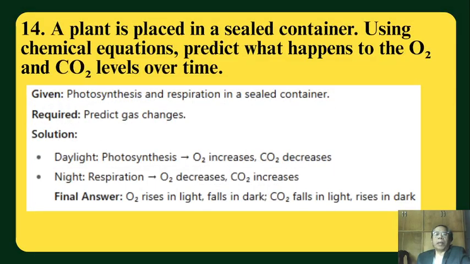Practice problem number 14. A plant is placed in a sealed container. Using chemical equations, predict what happens to the oxygen and carbon dioxide levels over time. So we're given photosynthesis and respiration in a sealed container.